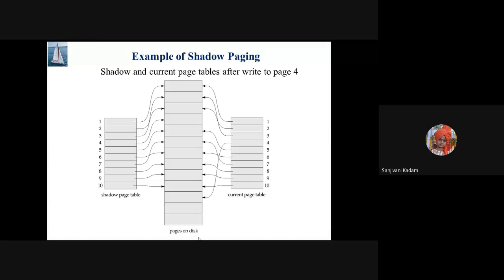If all the changes are done and the transaction execution is successful, then the shadow page table will be removed and a new copy will be created. The new changes will be held by this new copy, which will now act as the shadow page table, and once completed, it will act as the current page table. If the changes are unsuccessful, then the new page will simply not be used, and the shadow page table will act as the current page table.